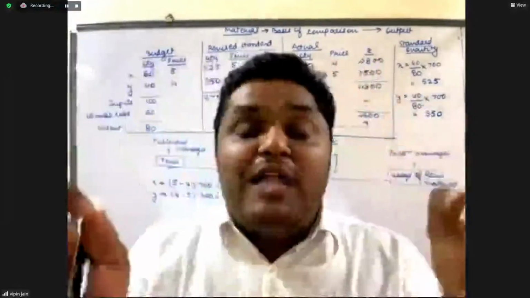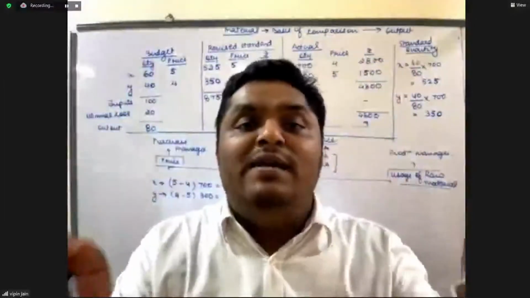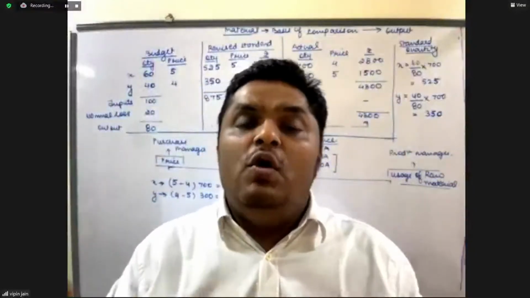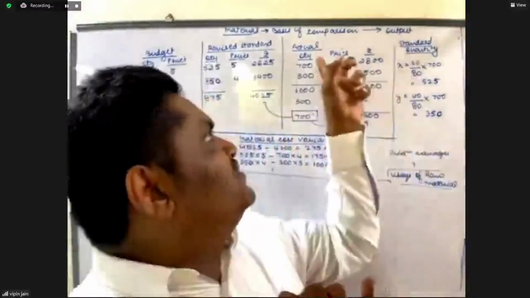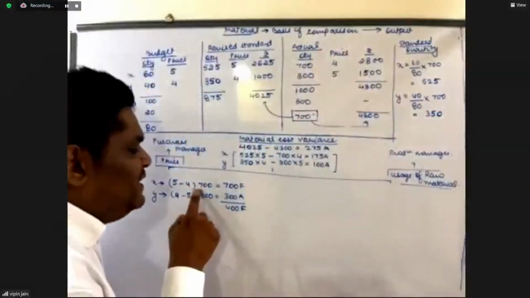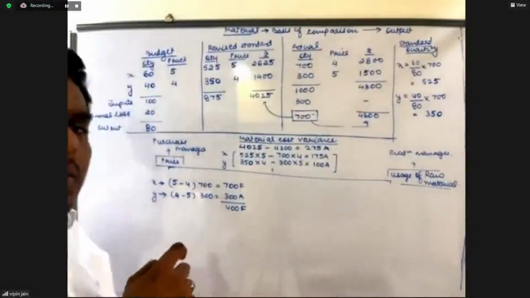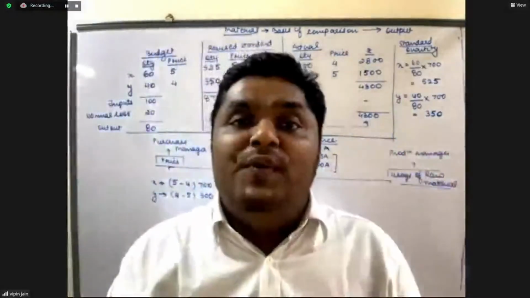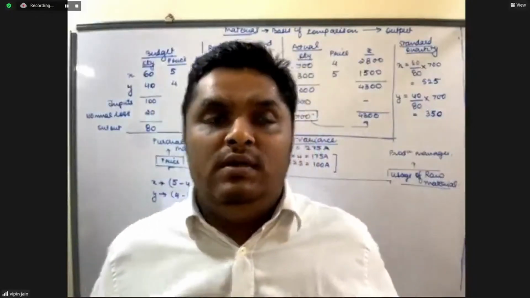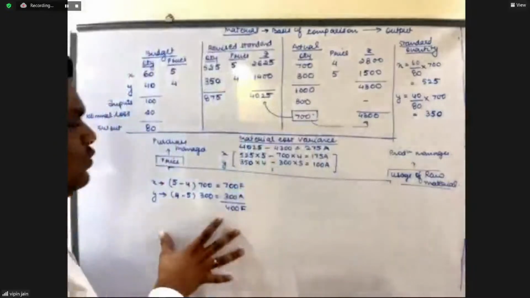So ये जो actual quantity use हुआ है 700 300, कहां से use हुआ है? When the purchase manager has purchased. The purchase manager received the requisition that you have to purchase 700 and 300 quantity, so accordingly she purchased 700 and 300 quantity, and her performance will be evaluated on the basis of quantity she actually purchased. So accordingly I have taken the actual quantity.